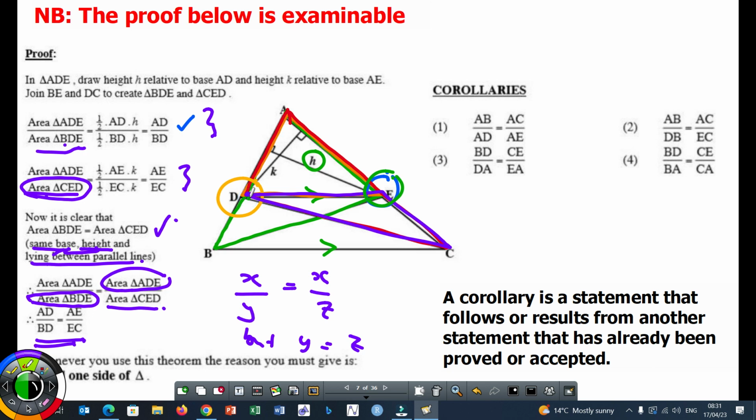They share a common height, which is going to be K. Normally, like in this case, AD and BD belong to the same straight line, that is AB. We can say points A, D, B are collinear, remember from grade 10? And also A, E, C are collinear as well, from grade 10.